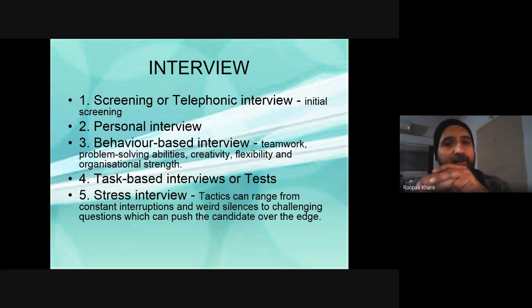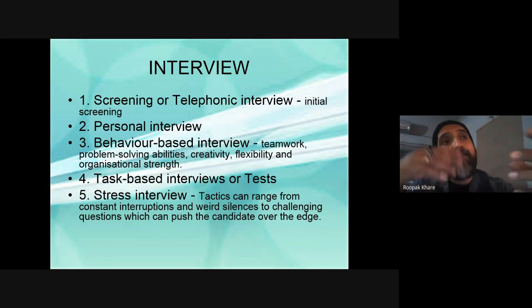Then comes the personal interview, the second kind of interview, where the actual interview happens. And in this interview, the interviewer asks you questions of various types. Third is behavioral interview or behavior based interview, where certain problems, situations, or tasks are given to you.